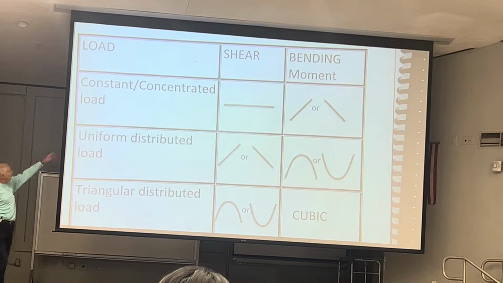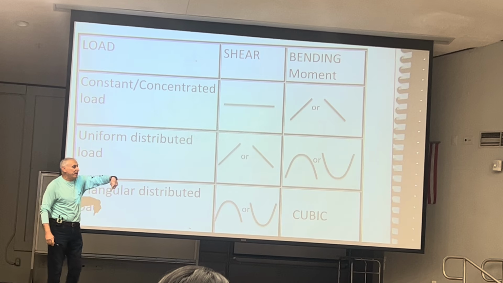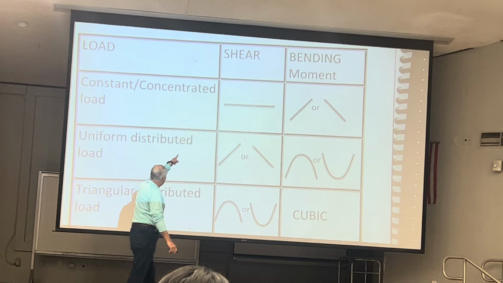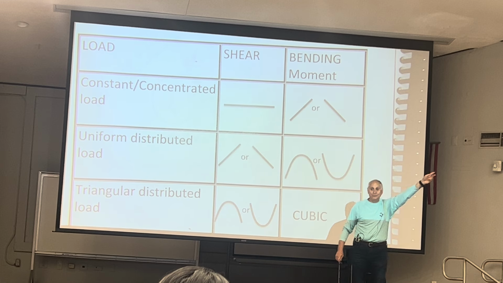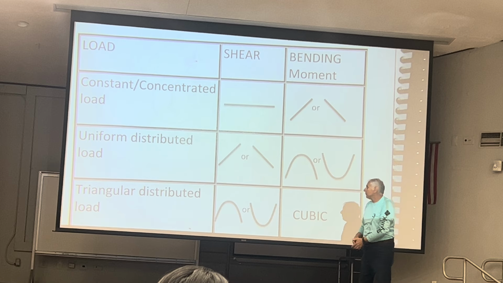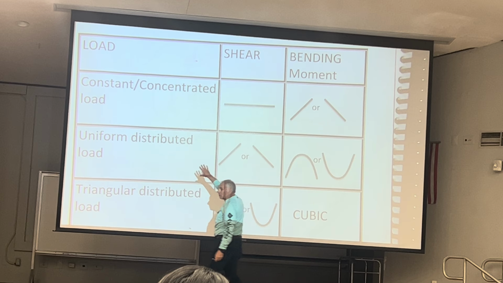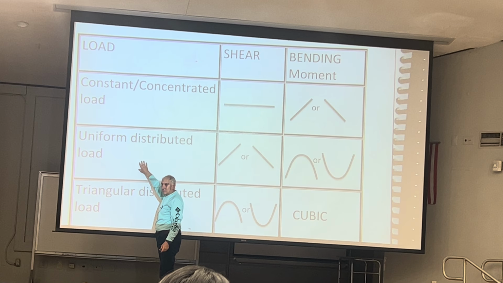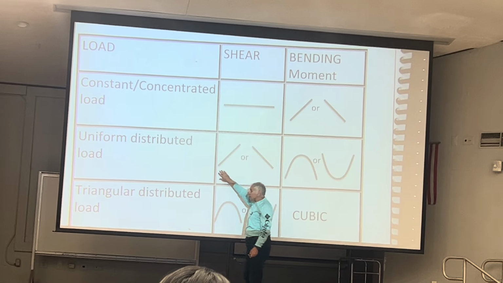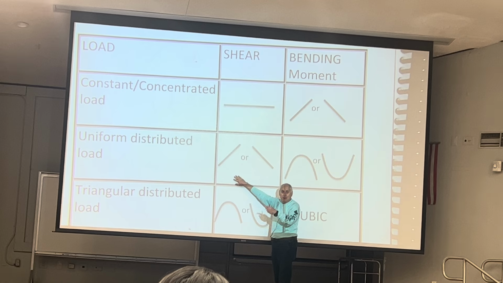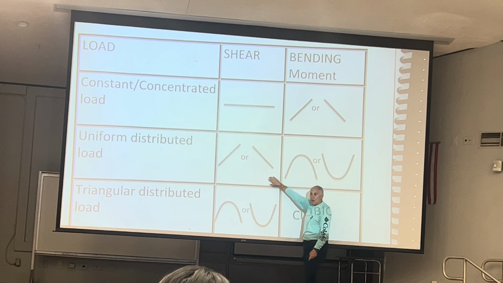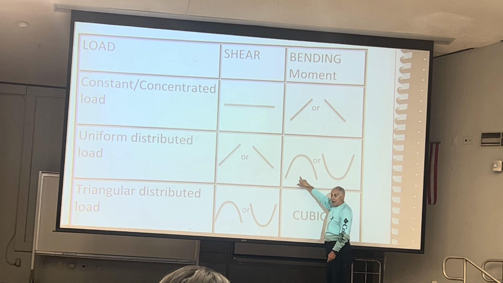Listen, if you have a constant load, a P, downward, 100 pounds, then my shear is going to be a horizontal line across and my bending moment is going to be linear, as you've seen so far. If I have a uniform distributed load, like a rectangle, my shear is going to be a line, and because dM/dx equals V and you integrate, integration of a line becomes a parabola.